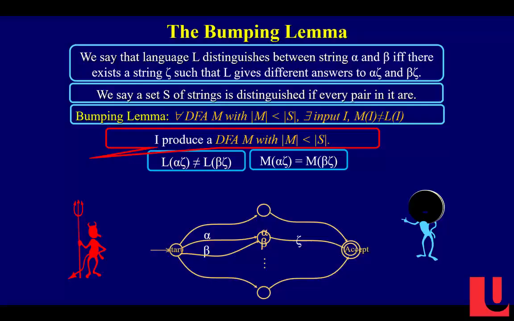And everybody should know what this represents. You can have as many zeros as you want, any number of zeros, and then the number of ones has to be the same, where n is greater than or equal to 0. Everybody understand this language?